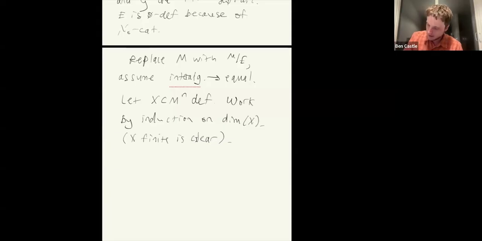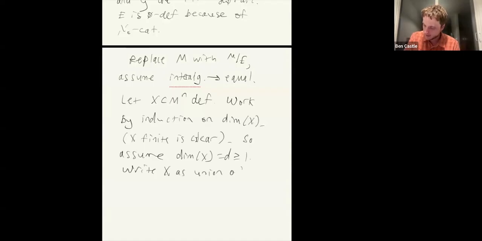so assume, perhaps this isn't necessary, but we'll do it, that the dimension of X is d, which is at least 1. And then the next thing is we apply the stationary decomposition. So write X as a union of stationary components, and handle each separately.